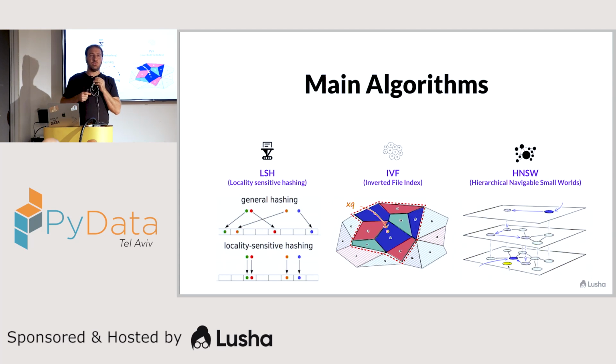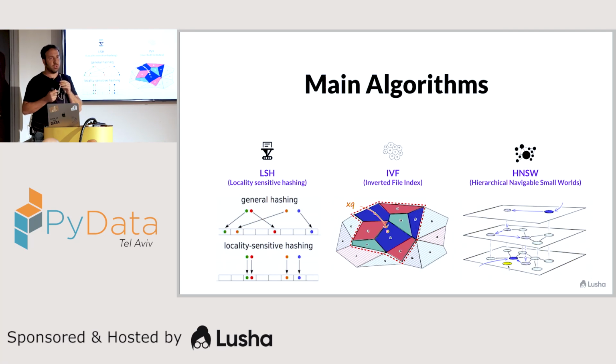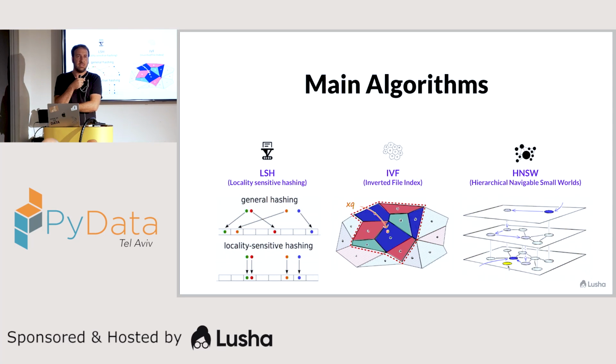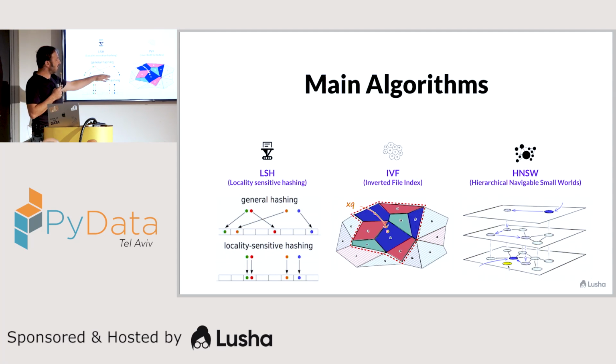So the main algorithms we use for ANN, and those are the most common that you can use, and all the state-of-the-art algorithms are based on those, mainly IVF and HNSW. We've got LSH, which is, I think, the oldest one, and it has a lot of literature, enhancements and developments. It's a bit suboptimal compared to the others and less used, but the idea of LSH is locality sensitive hashing.